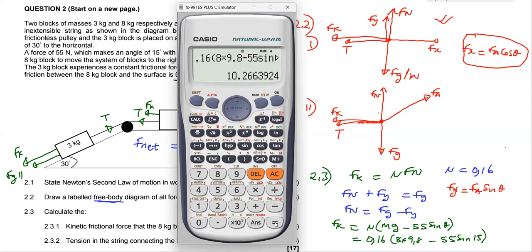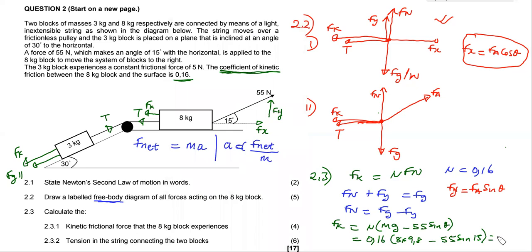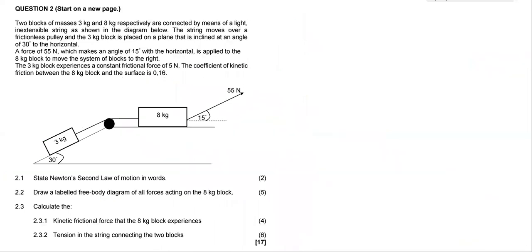Okay, so what we get is 10.27 Newton. That's our Fk. So now we have got our Fk, which is 10.27. So let's move on to the next question.